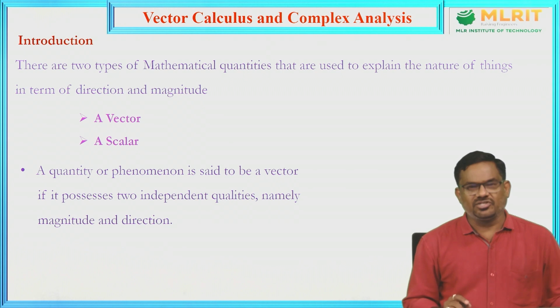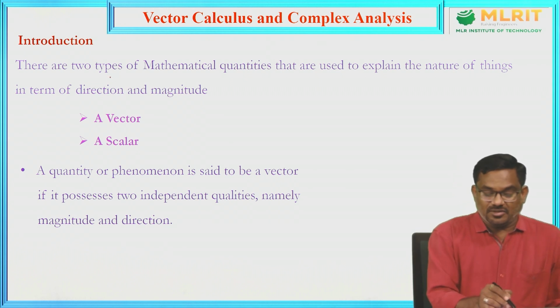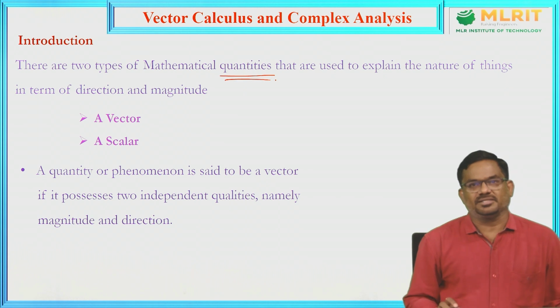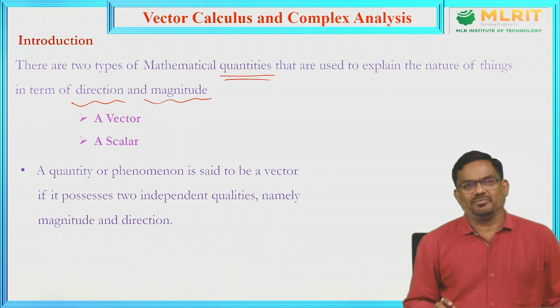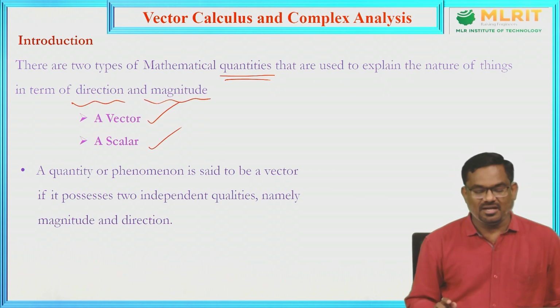Now coming to the introduction of vectors. There are two types of mathematical quantities used to explain the nature of things in terms of direction and magnitude: vector and scalar.